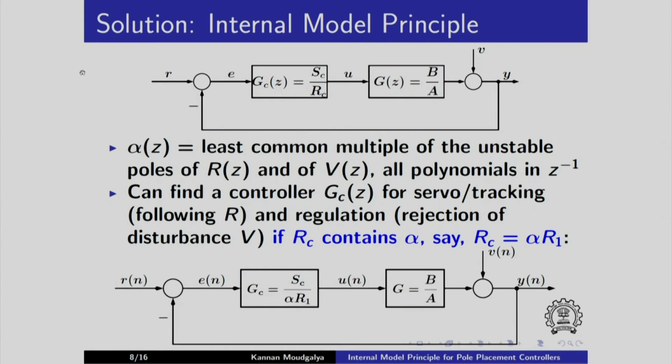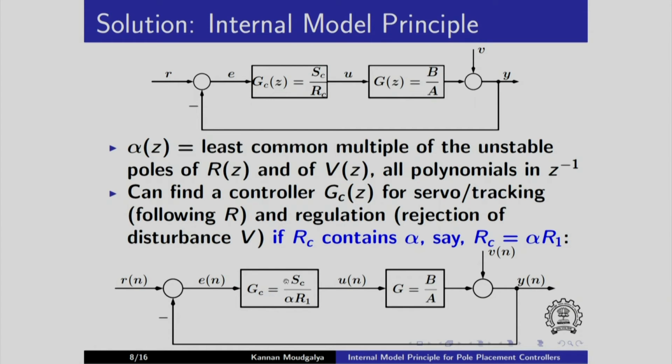In fact, I have reproduced this exact slide from one of the earlier videos. Remember, the internal model principle says that if the external signal Rn or Vn have any unstable part, that part should be present in the form of alpha in the denominator of the controller.